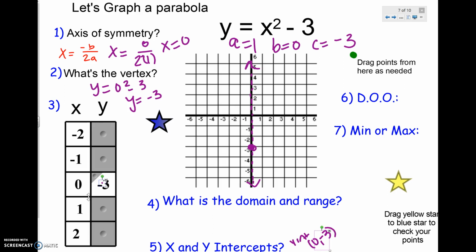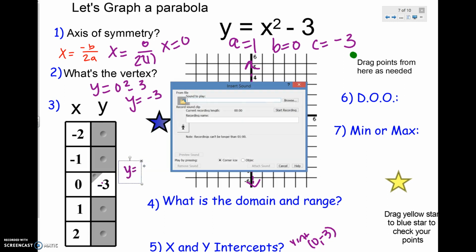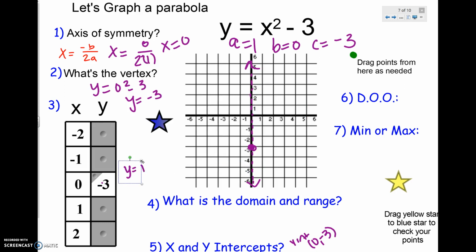So if I plug in a 1, I get y equals 1 squared minus 3. So y equals 1 minus 3, and y equals -2. So there is my answer for 1, and it's also my answer for -1, because remember that it is symmetrical.